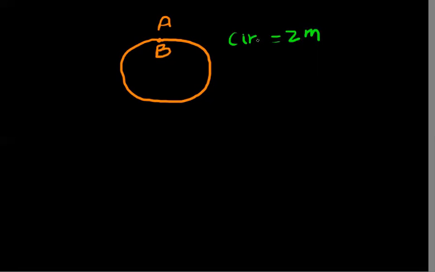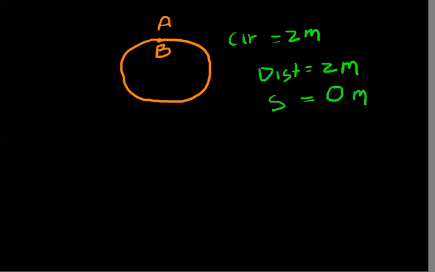So distance equals 2 meters. That is the length of the actual path. And displacement, which I'm going to write as a capital S, equals 0 meters.